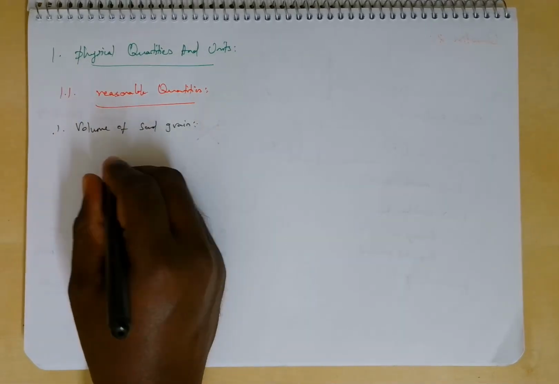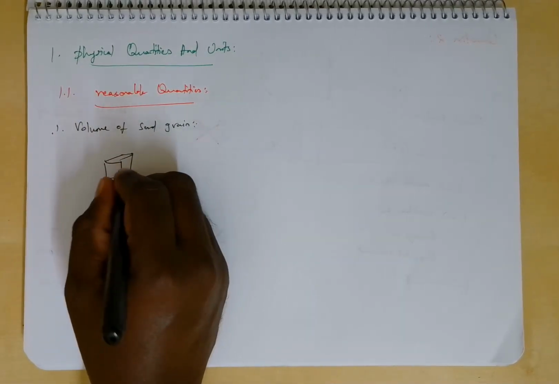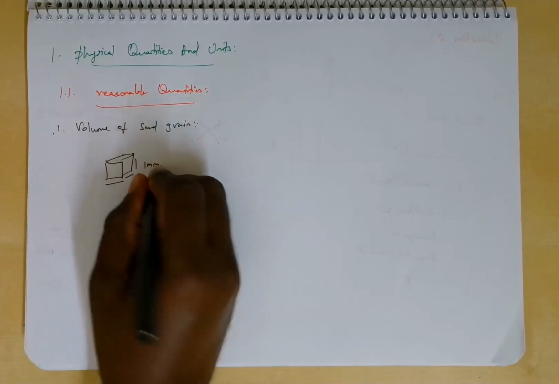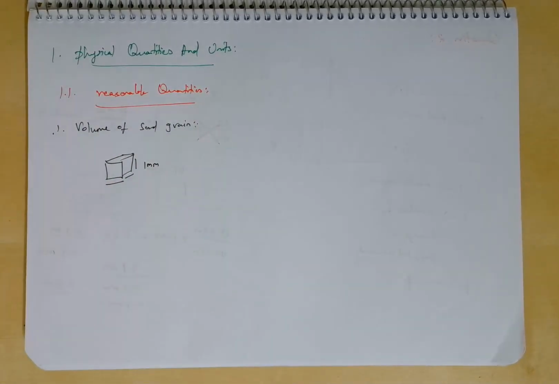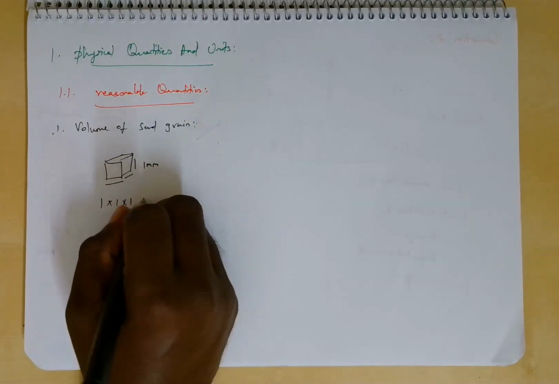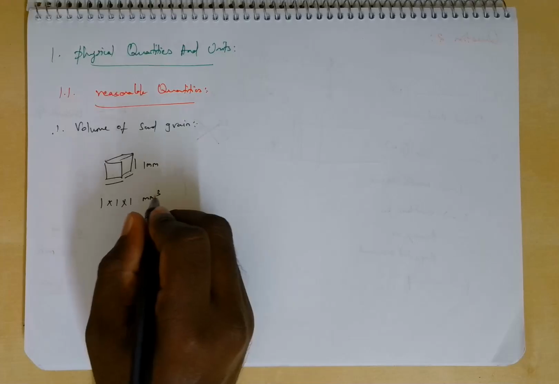We can definitely consider a sand grain to be approximately a cube of each side 1 millimeter. Then find the volume. So it's 1 into 1 into 1 millimeter cube.